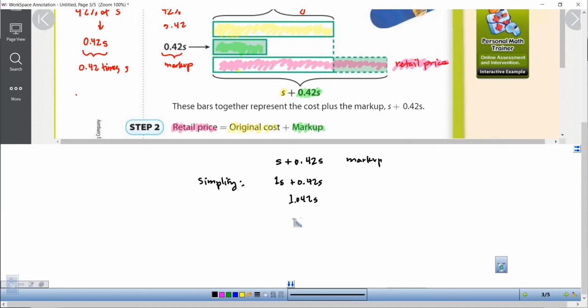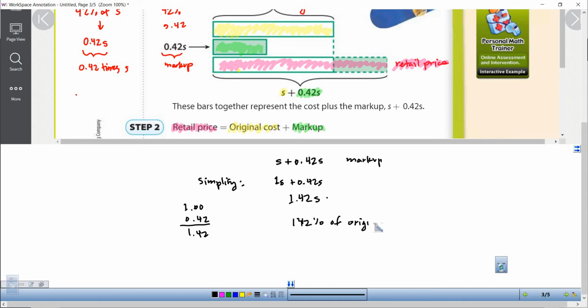By the way, I apologize, it's not 0.42, it's 1.42. That 1 gets added to that 0, right? If we were showing it this way, it would be 1.00 plus 0.42, and that would give us 1.42. So it's 142% of the original.